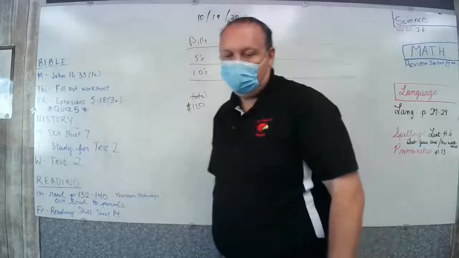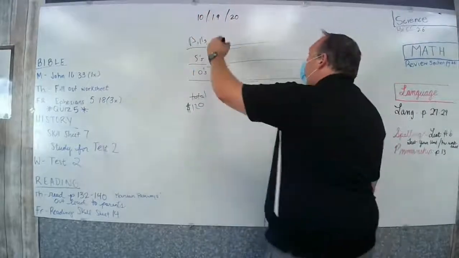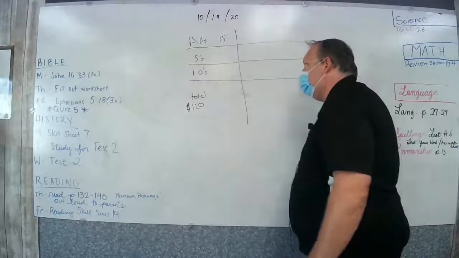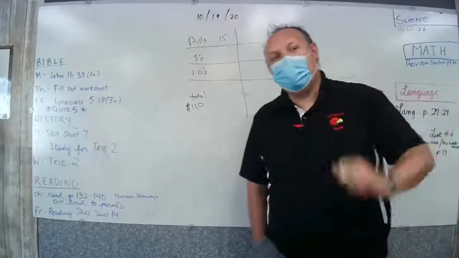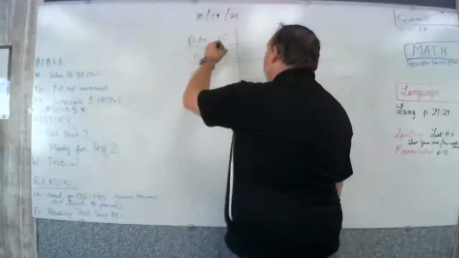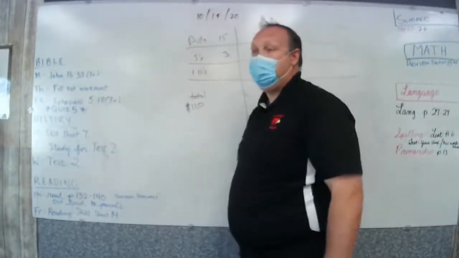So, she has a total of how many bills? 15. Okay? So, how many 5s does she have? 3. So how many 10s would she have? You're guessing to figure it out.